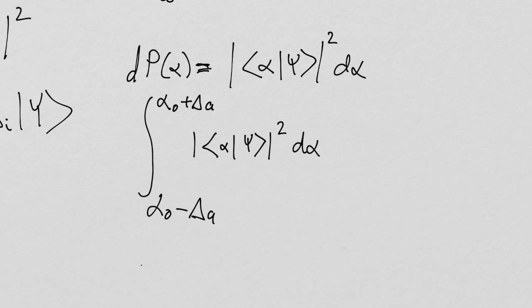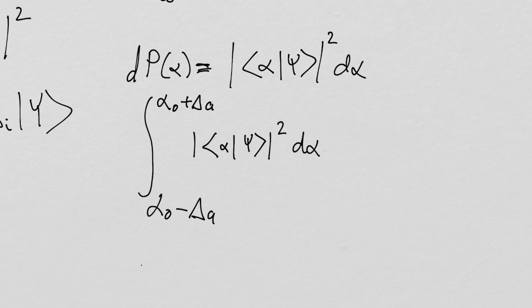If I want to find the probability of making a measurement between alpha 0 minus delta alpha and alpha 0 plus delta alpha, I guess this full range is 2 delta alpha. I meant it to be just from alpha 0 to alpha 0 plus delta alpha, but I've subtracted a delta alpha and added one, so this is a 2 delta alpha range.